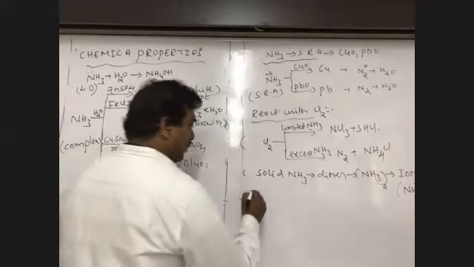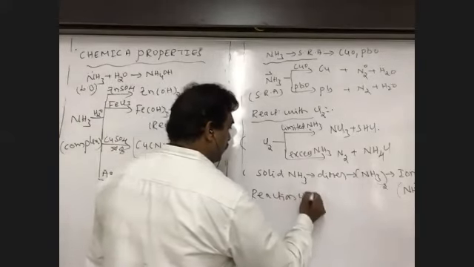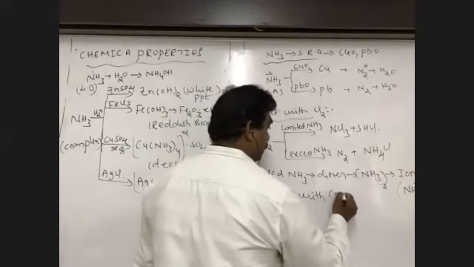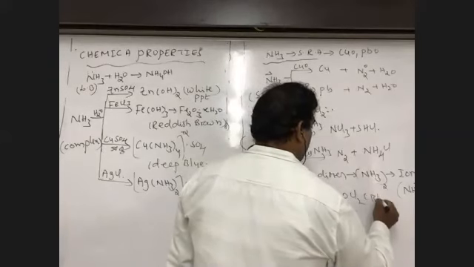Next, ammonia also reacts with bleaching powder, CaOCl2. CaOCl2 is called bleaching powder.